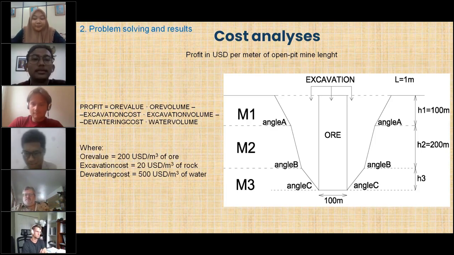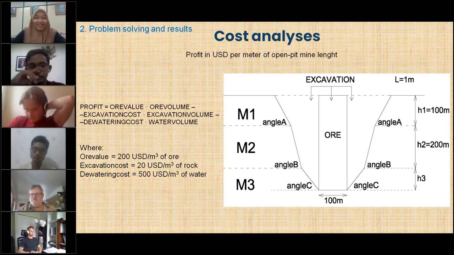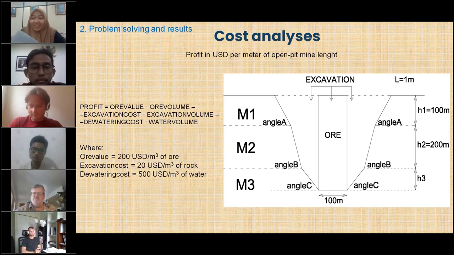I'm asking you, does it matter if you took 10 meters? No, it doesn't matter, because the profit that we calculated used only for comparison between various models that we examined. Okay, thank you. Zero is if the length of an open pit mine is infinity.